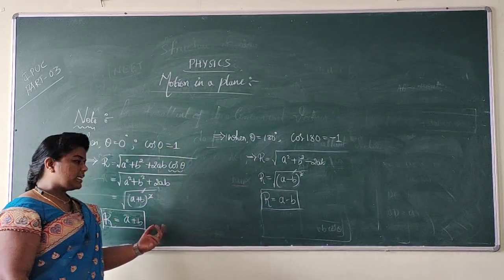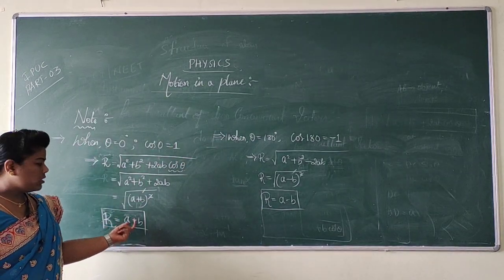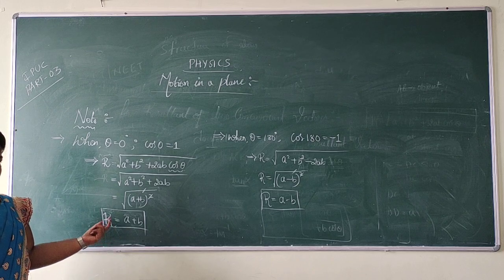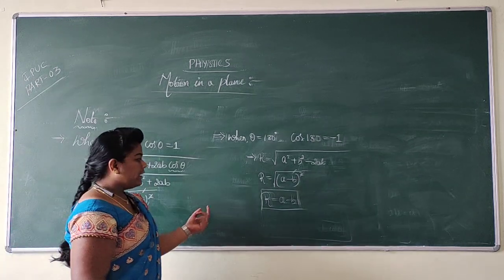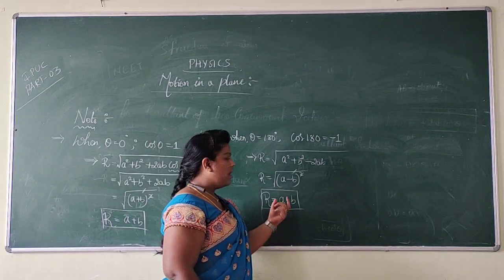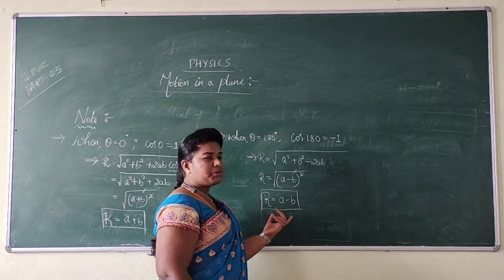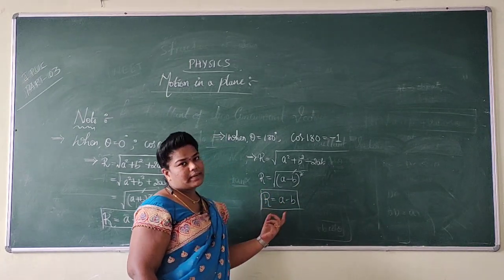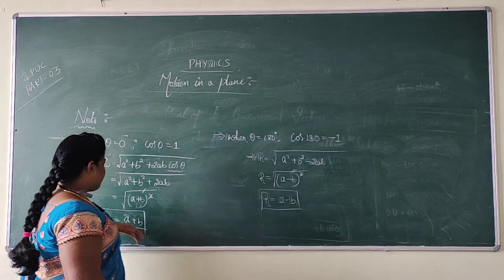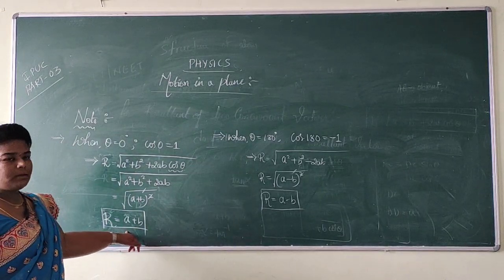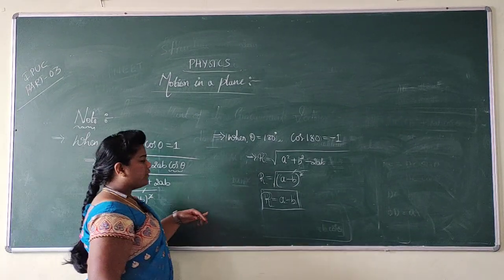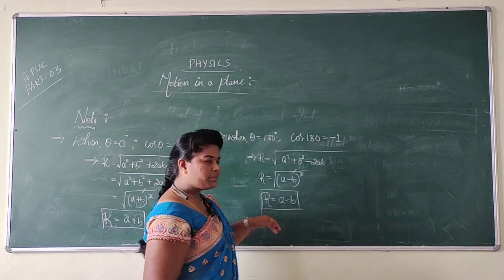What does this indicate? Here the resultant is equal to the sum of the magnitudes of the two vectors a and b. Here the resultant is equal to the difference between the magnitudes of the two vectors a and b. If we add, definitely we will get the greatest magnitude, and if we subtract, we will get a lesser magnitude.